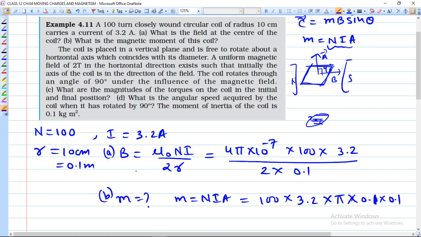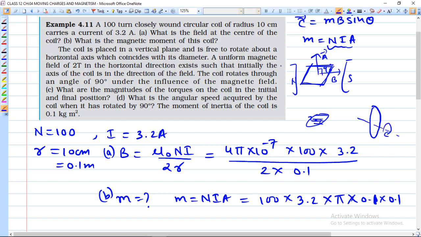The coil is placed in the vertical plane and free to rotate about a horizontal axis which coincides with its diameter. It is free to rotate like this.